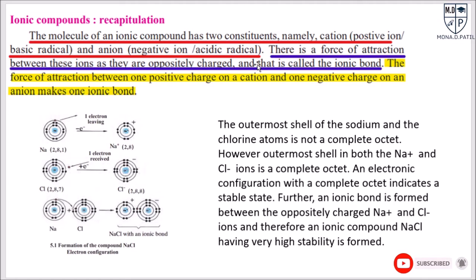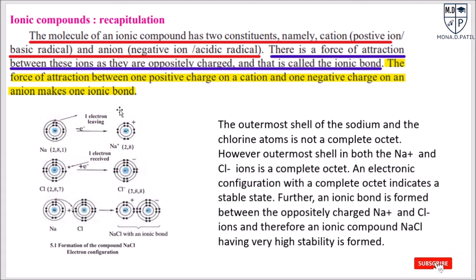There is a force of attraction between these ions as they are oppositely charged, and that is called an ionic bond. The force of attraction between one positive charge on a cation and one negative charge on an anion makes one ionic bond.